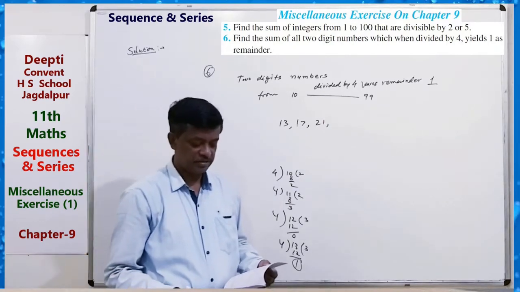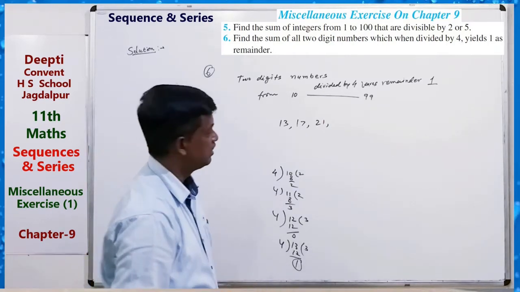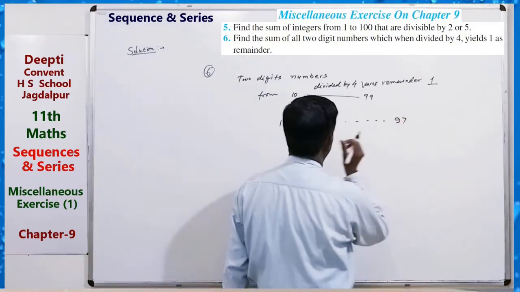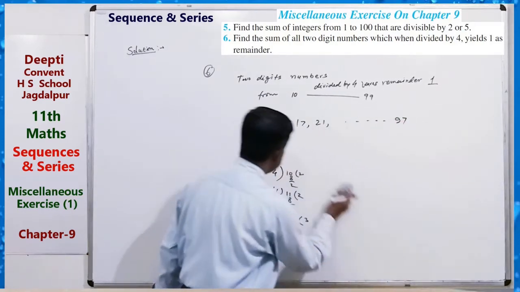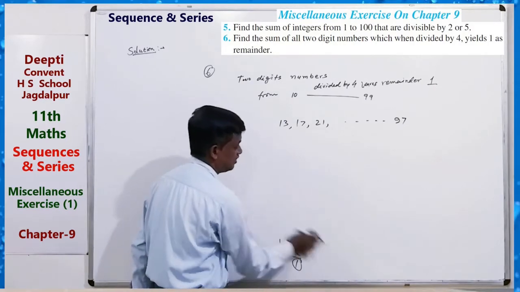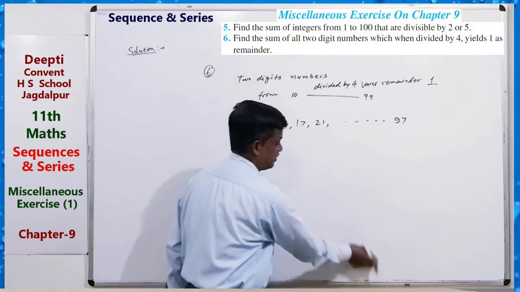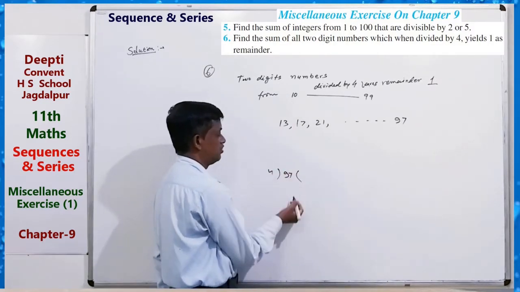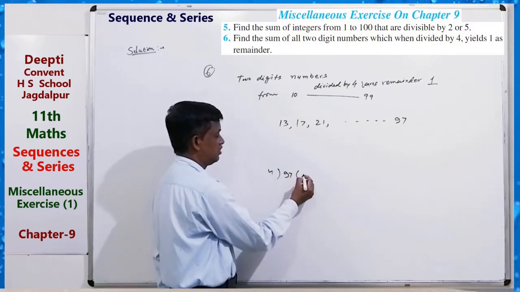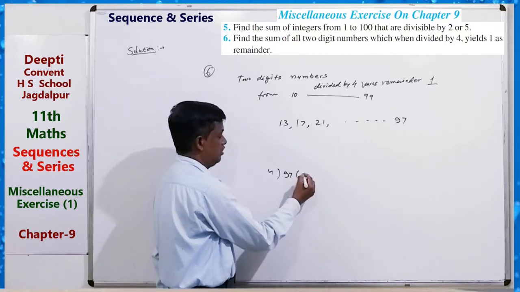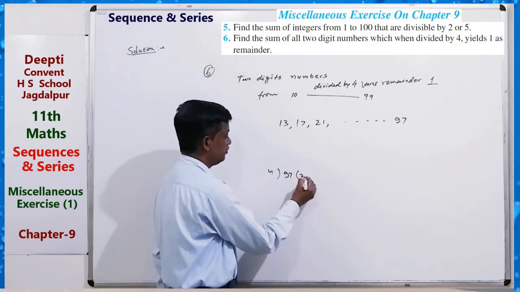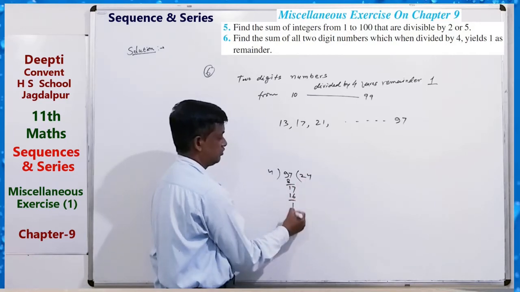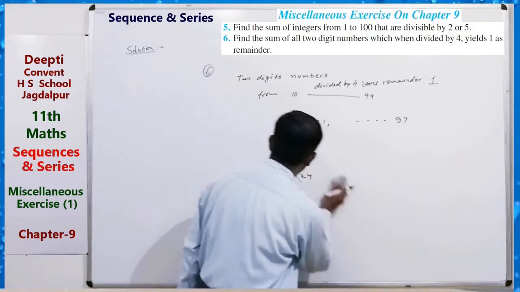The difference is 4. And the last is 97. Here we can see that when I divide 97 by 4, there is one remainder. So these are the numbers.